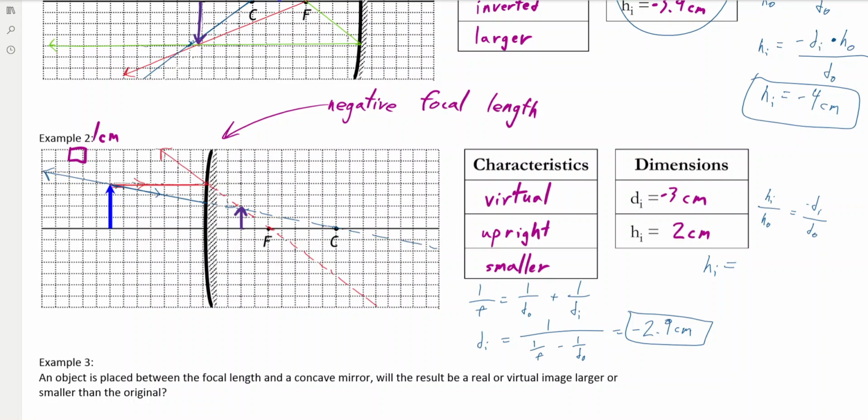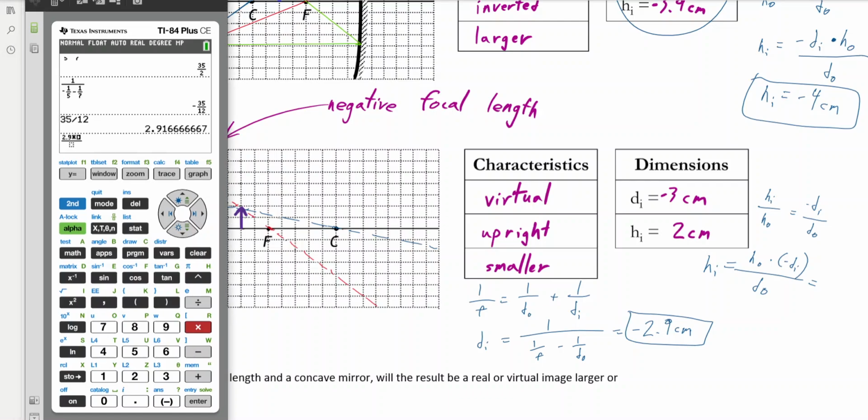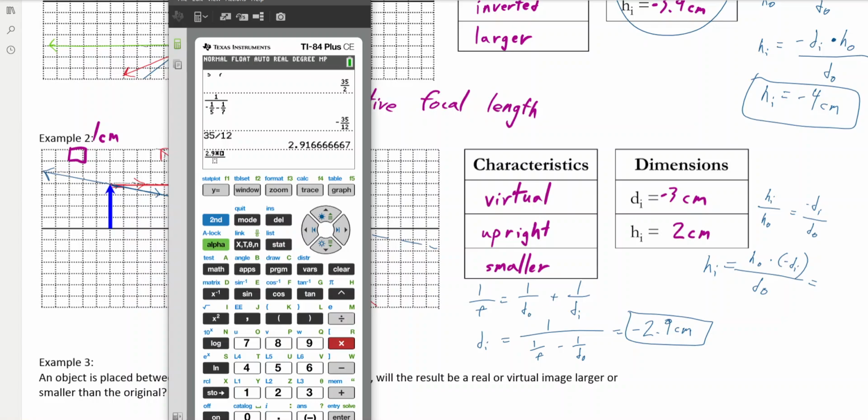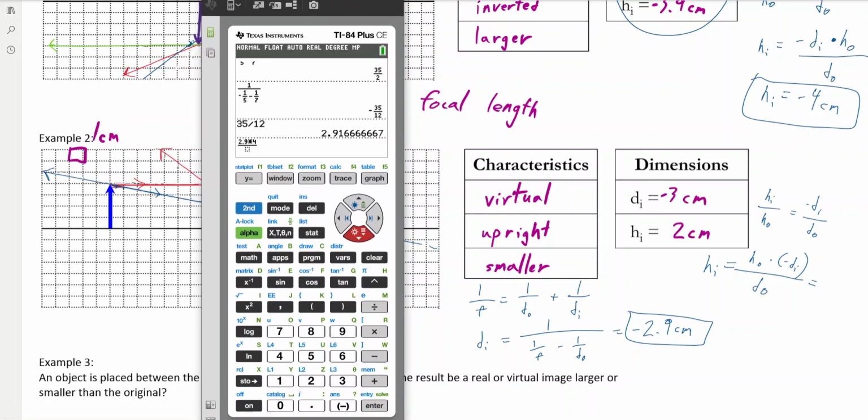So if we rearrange that, we're going to have HO times negative DI over DO, which will give us negative DI, which we already know is a negative, so double negative, so 2.9 times HO, which is the height of the object, which is 1, 2, 3, 4, over the distance to the object, which we said previously was 7.